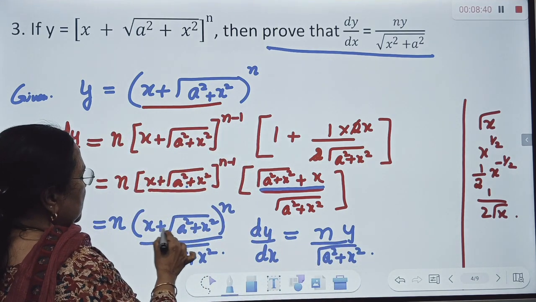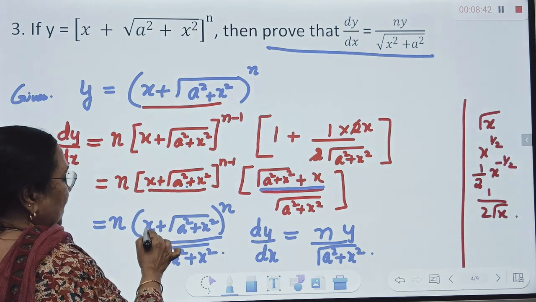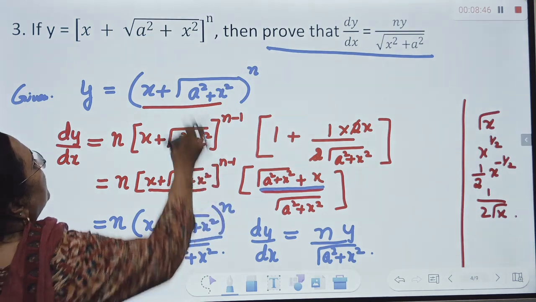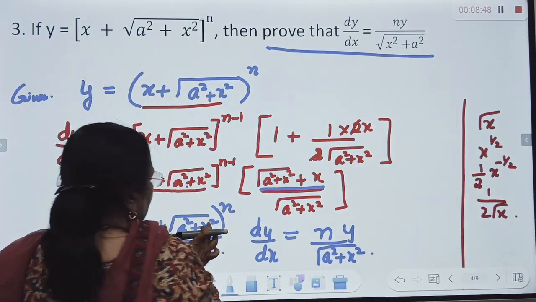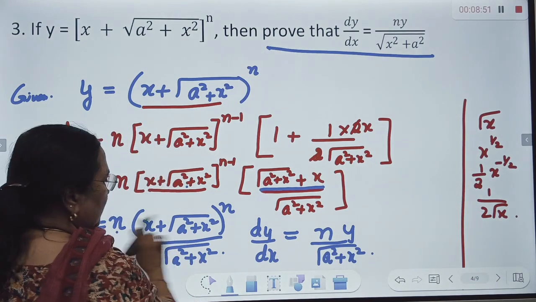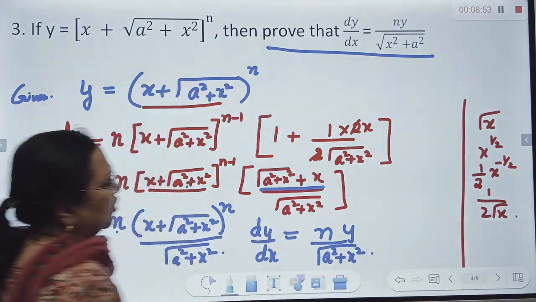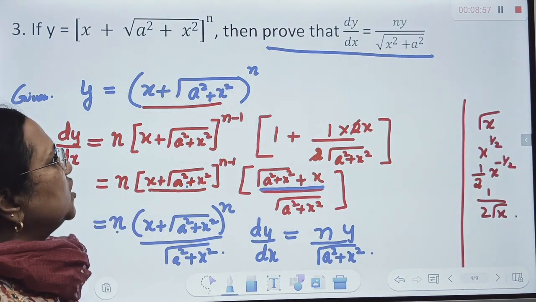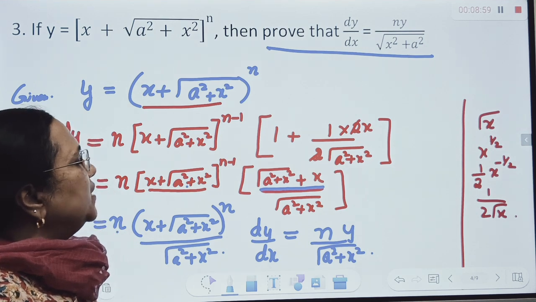Because within the bracket I have x plus root of a square plus x square, this quantity raised to the power n is y. So I have replaced this with y. n with n. The denominator I have root of a square plus x square. And this is what we wanted to prove. dy by dx equal to ny by root of x square plus a square.